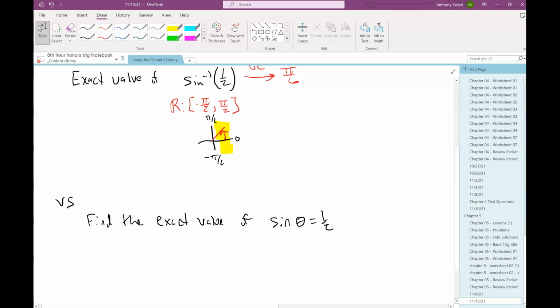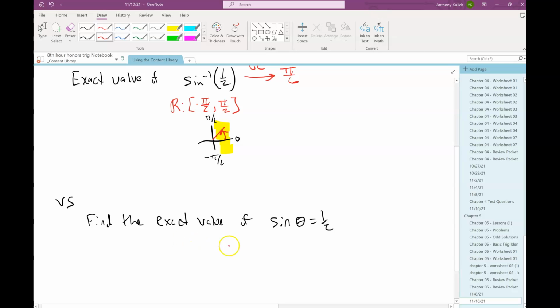So the previous question had just one answer, right? Pi over 6. How many answers does this question have? More than 2. Infinitely many. Yeah, right? Like, yuck. Why is there infinitely many? Because there are infinitely many.